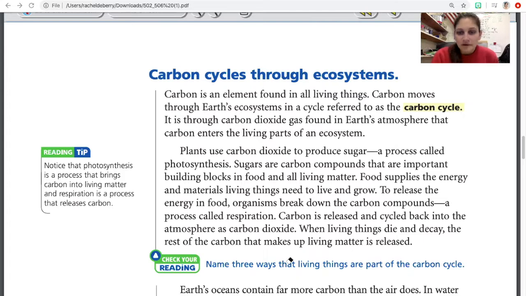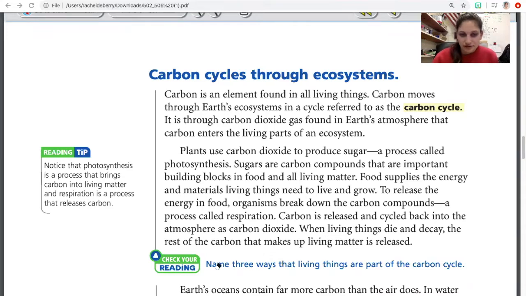Sugars are carbon compounds that are important building blocks in food and all living matter. Food supplies the energy and materials living things need to live and grow. To release the energy in food, organisms break down the carbon compounds, a process called respiration. Carbon is released and cycled back into the atmosphere as carbon dioxide. When living things die and decay, the rest of the carbon that makes up living matter is released.